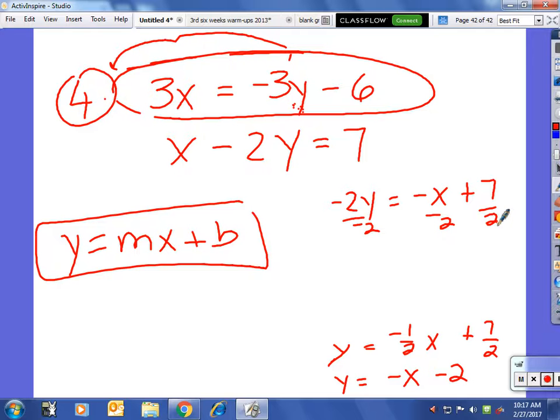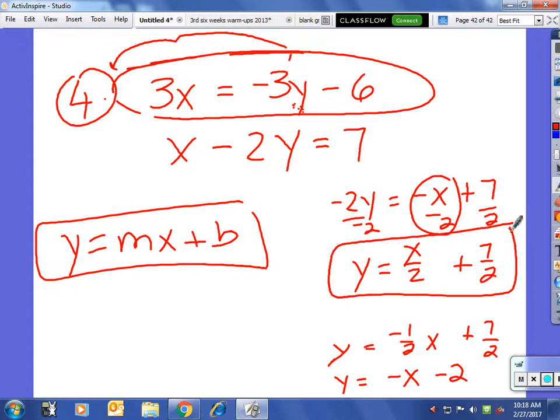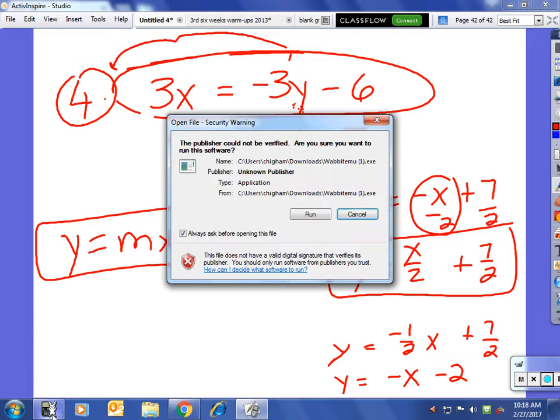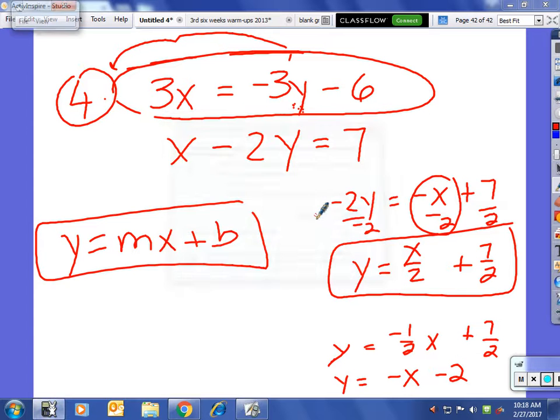Now you got to be really, really careful. I get 1y, but what is this? It's positive 1/2 x, or positive x over 2, plus 7 over 2. So you have got to be so careful with your signs to make this method work. You could put 1/2 x, yes. 1/2 x or x divided by 2, same thing.